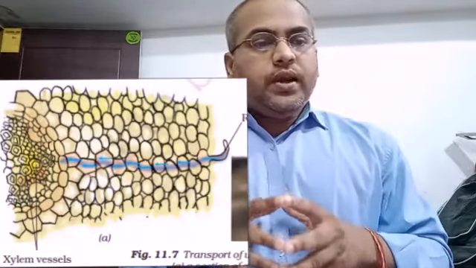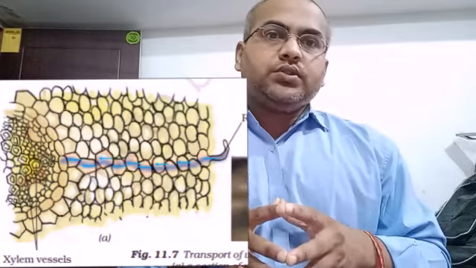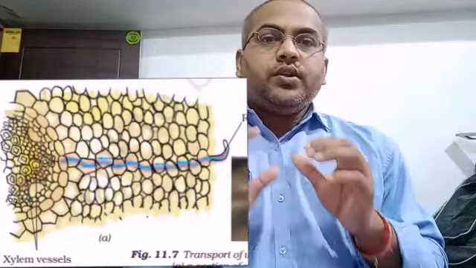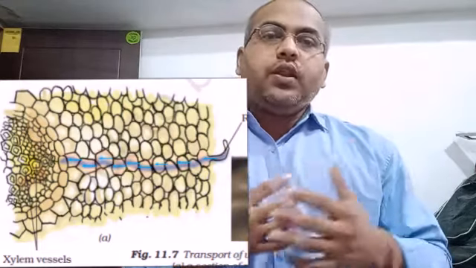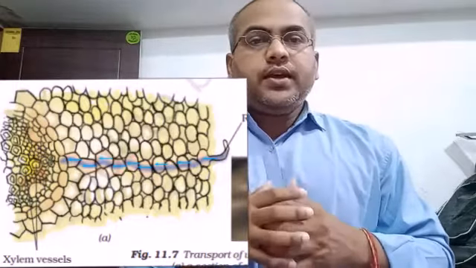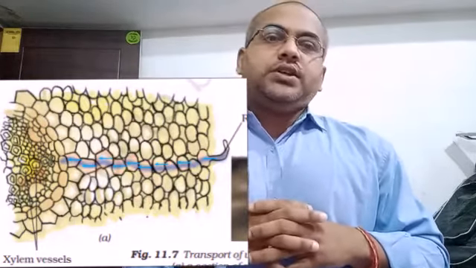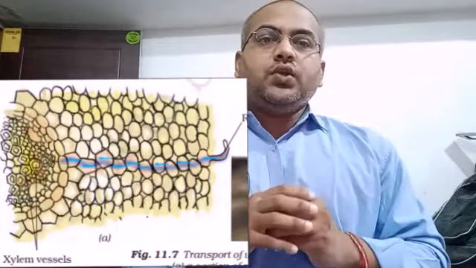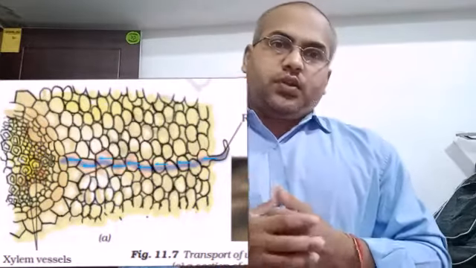So here we are going to discuss how the process of transportation occurs in a plant. First of all we have to understand the important structure in the root which takes part in this process.